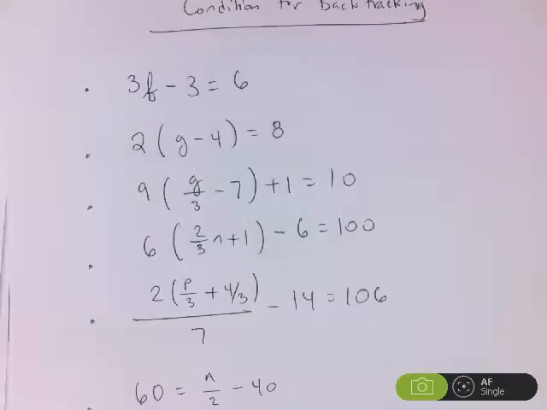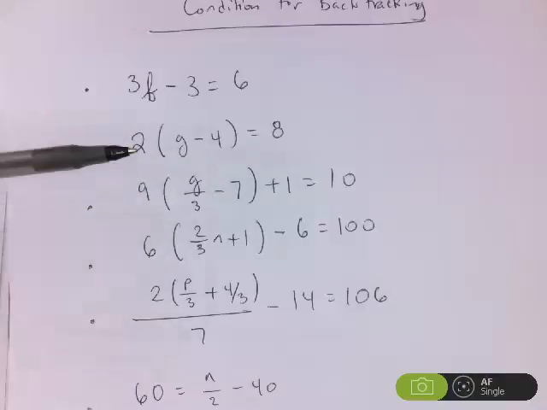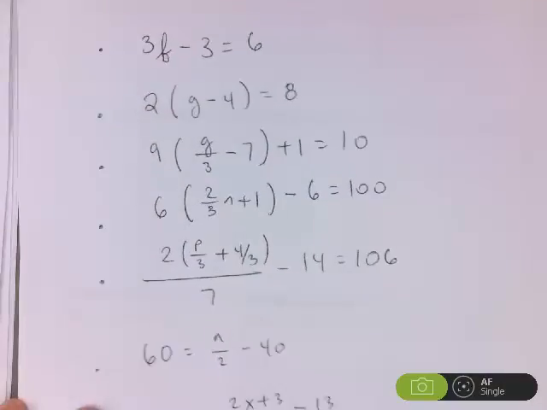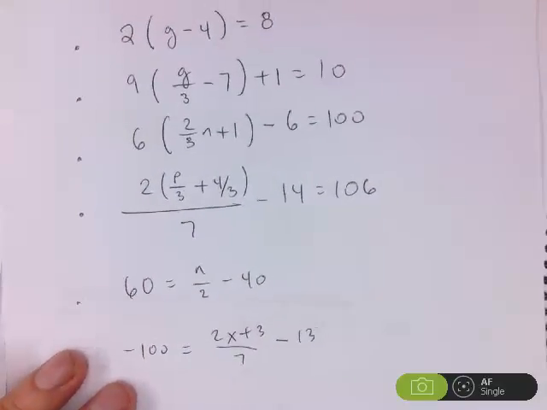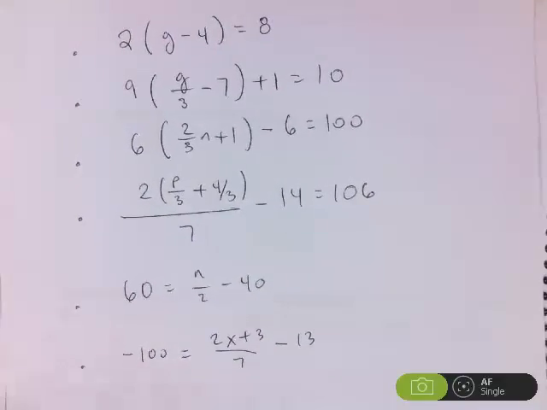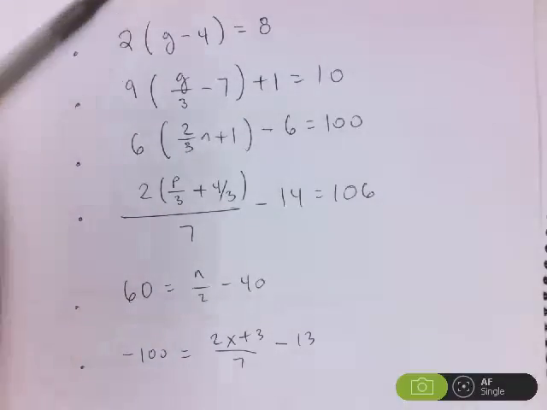So if we look at all these different equations listed here, I've got 3f minus 3 equals 6. I've got 2 times the quantity g minus 4 equals 8. And on down the line, all of these equations in my list have one thing in common: all my variables are collected into one spot.